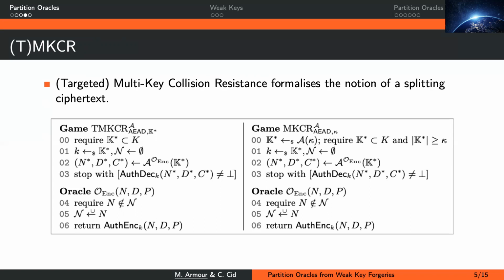There's also a notion of untargeted, so just MKCR, which is similar, but the adversary is trying to craft ciphertexts that will decrypt under a set of target keys, but it doesn't have to specify that set. It just needs to find a set that is big enough, basically.